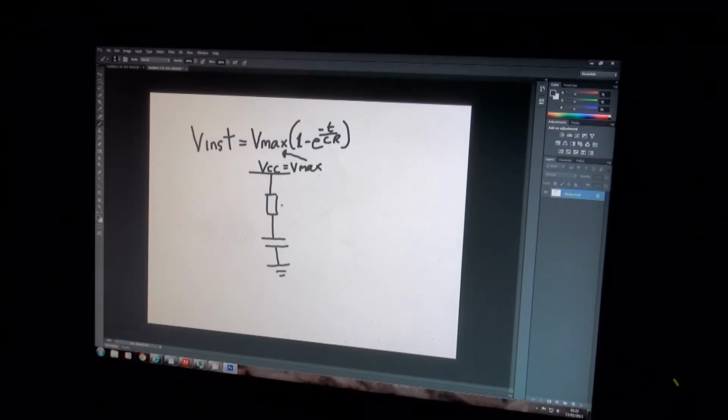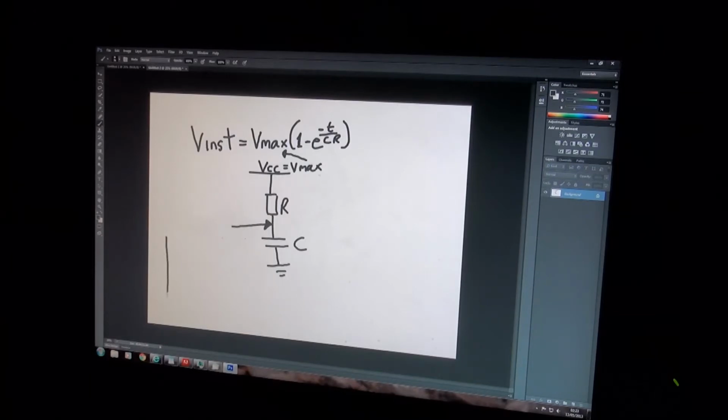And the resistor is R in our equation, and the capacitor is C in our equation. The voltage we're trying to find will be applied at this point here.